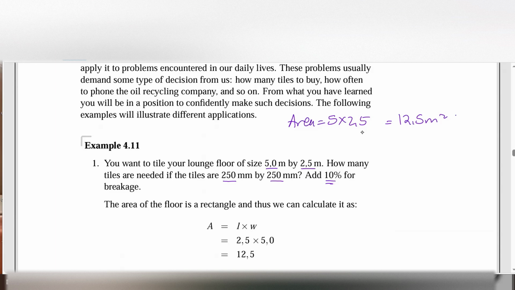Then you also need to get the area of one tile. Remember, a tile is always a square. Let's convert this to meters, which is 0.25 multiplied by 0.25. The units have to be the same. Okay, so we're saying the area of the tile is going to be 0.25 times 0.25.